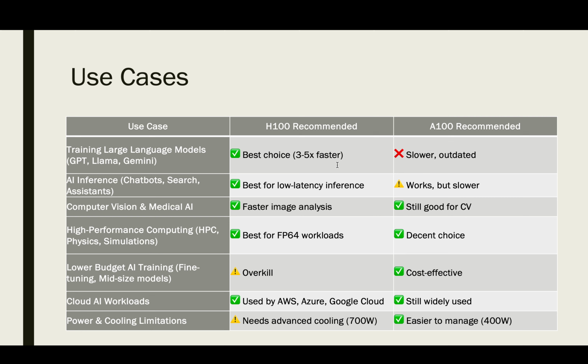As part of energy efficiency and cost considerations, H100 consumes more power, 700 watts versus 400 watts for A100, making cooling important.